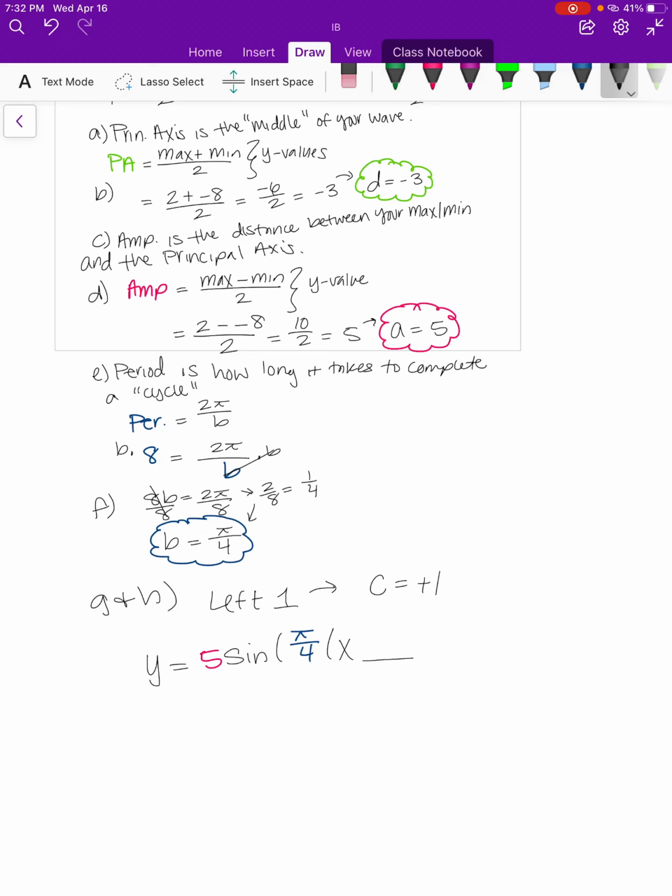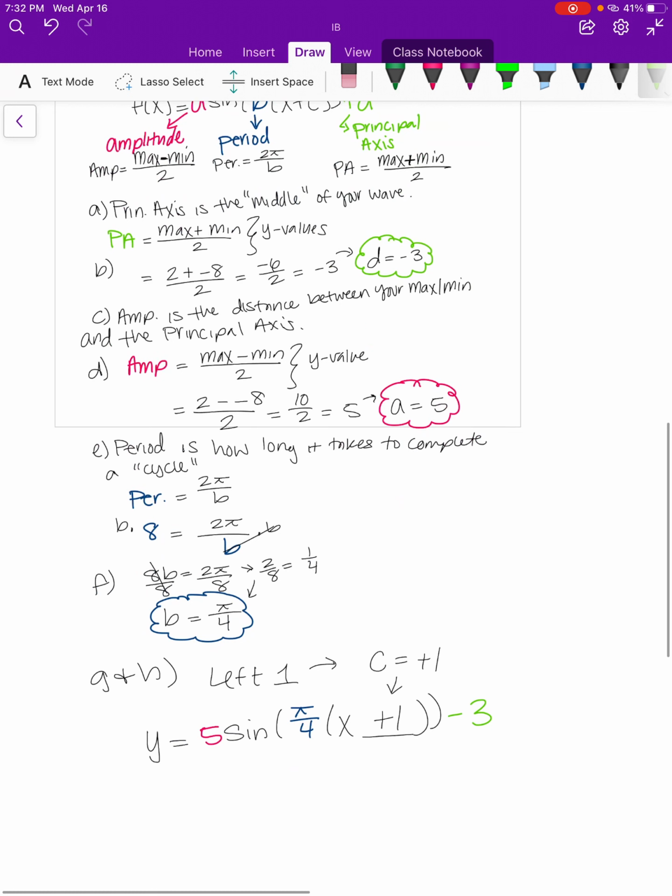Now I went left 1. Now you may be asking, why does it say +1? Well, if you remember from algebra 2, inside lies, or inside is opposite. So if you're going left 1, you write +1, and if you're going right 1, you write -1. So hopefully you can remember that. And then our principal axis was 3, so we just put everything together.